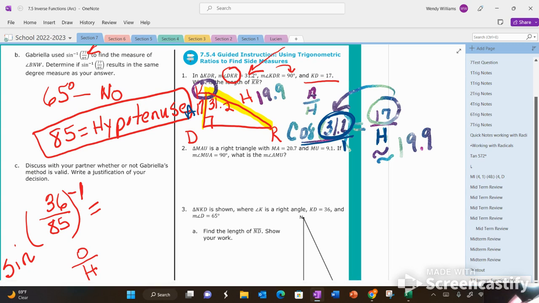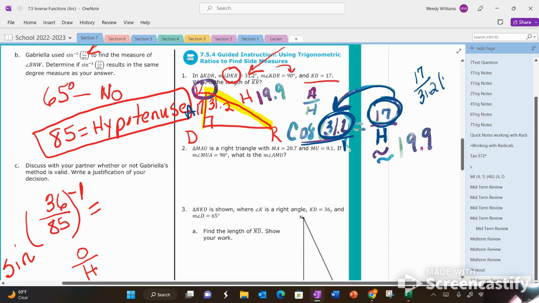If the variable's on the bottom, we simply take what's on the top and divide it by what's on the left. It goes in your calculator like this: 17 divided by 31.2 cosine, and you should get 19.9, or simply 20.